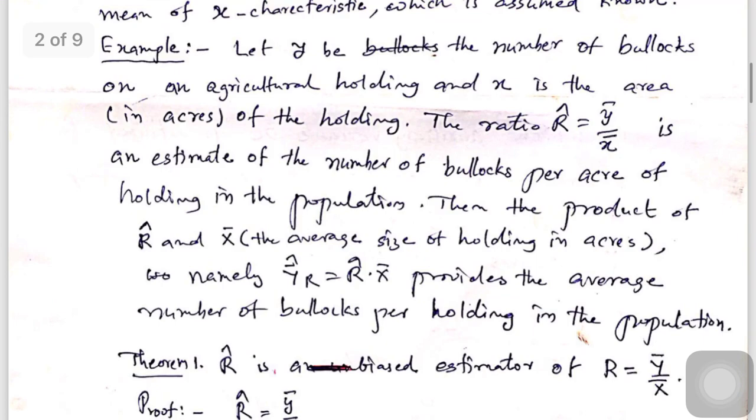So what is your y variable, main variable or study variable? It is the expense on food per family. And what is the auxiliary variable in this case? Number of members in the family.